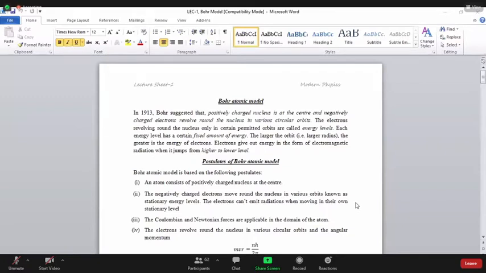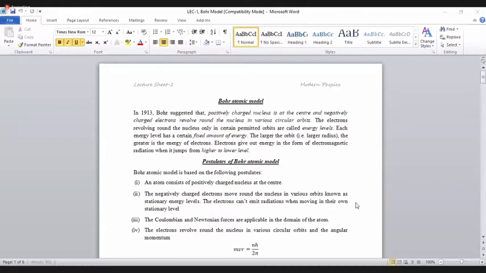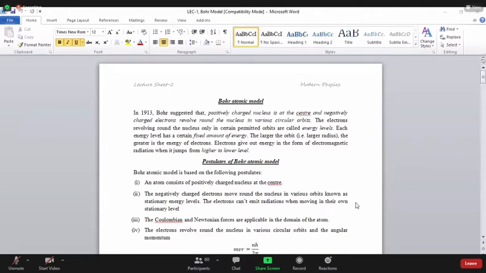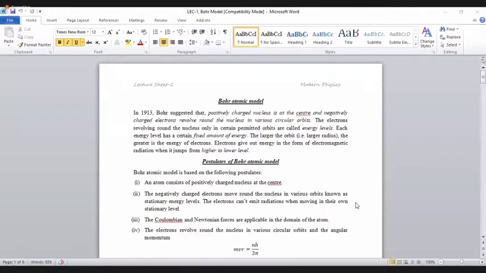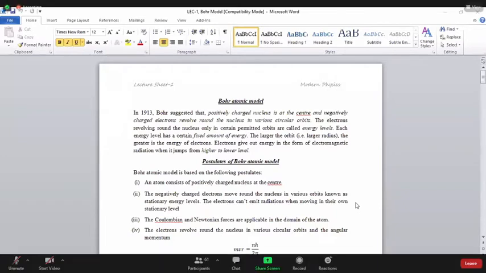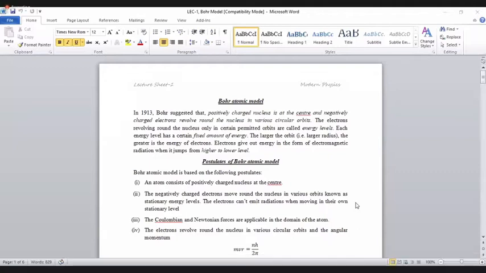Basically, all the physics discussed before the 20th century, all the theories that came, are included in classical physics. But the laws and theories of physics discovered from the beginning of the 20th century are considered modern physics. That means the beginning of the 20th century is the birth of modern physics. Is that clear?